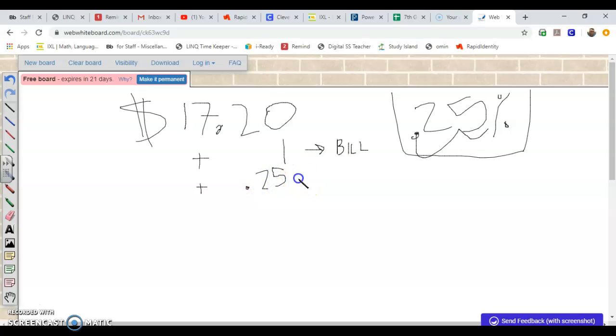And that's going to represent my tip. So I am going to take 17.20 and multiply it times 1.25.